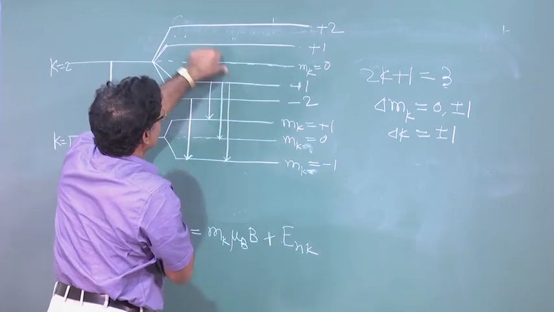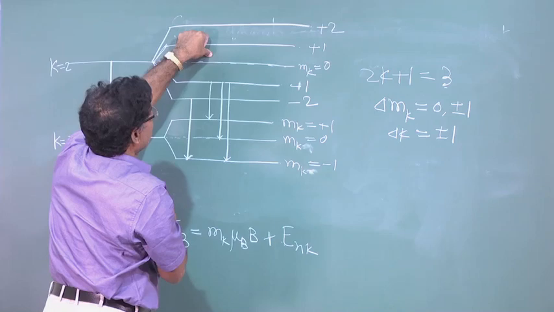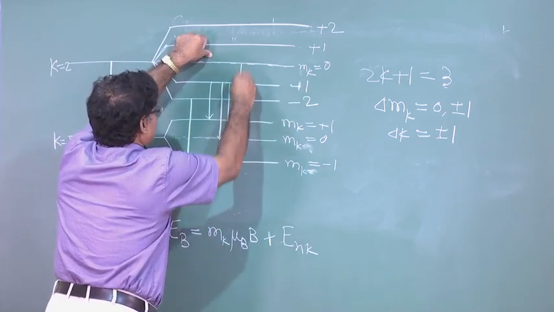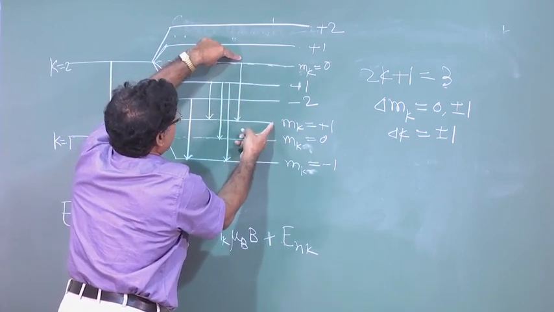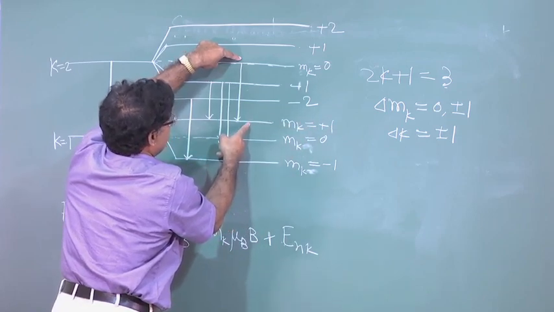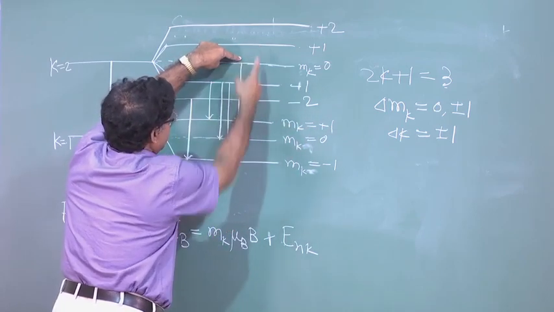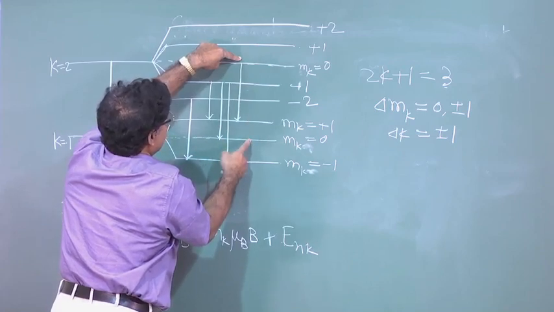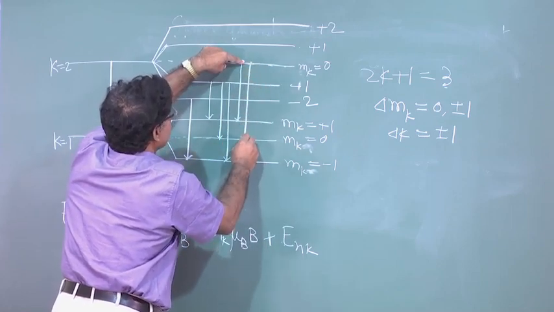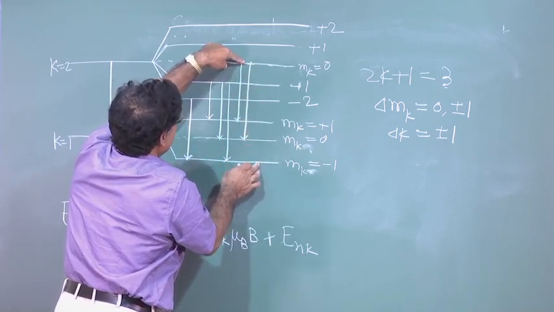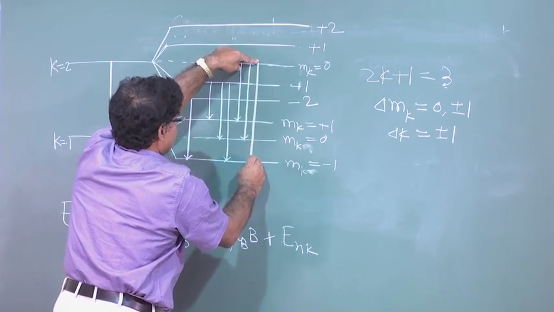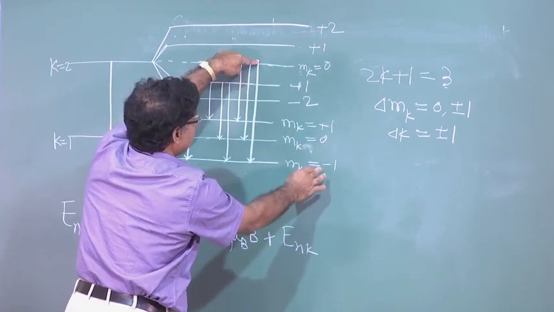And then if I start from here, this is allowed, this is allowed, this is plus 1 difference, and then this to this also allowed with 0 difference, and from here to here, this is also allowed. So, this difference is delta m minus 1.